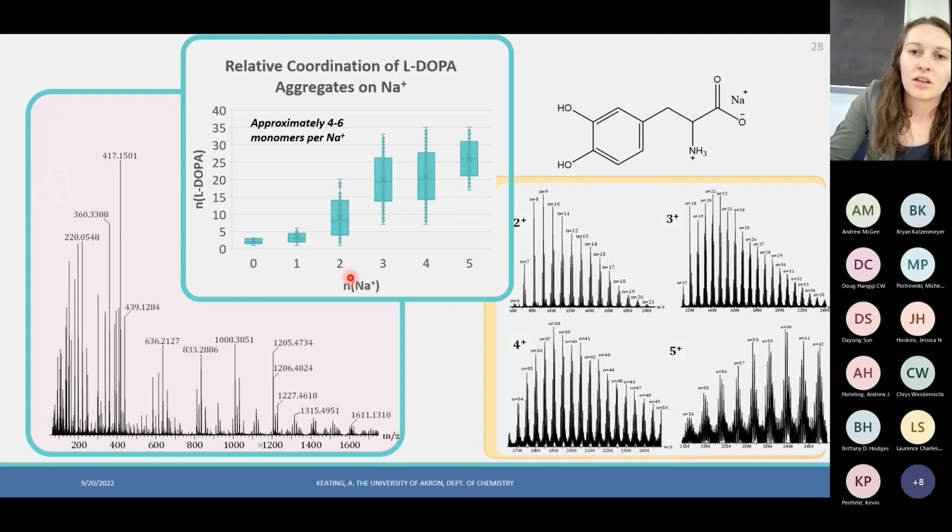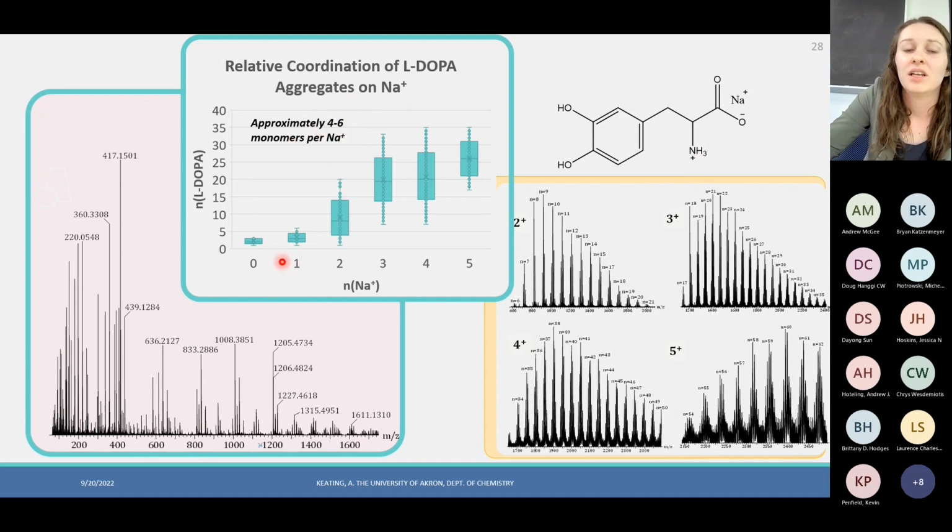The interesting thing I saw in the data, though, if I went through and looked at each of these oligomers, is that the average number of monomers for each sodium was approximately 4 to 6.